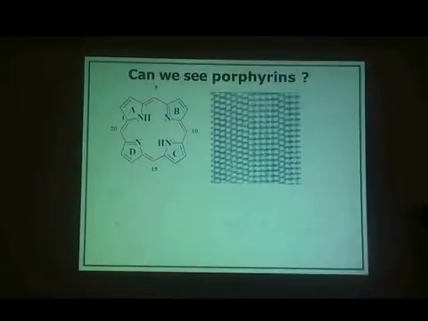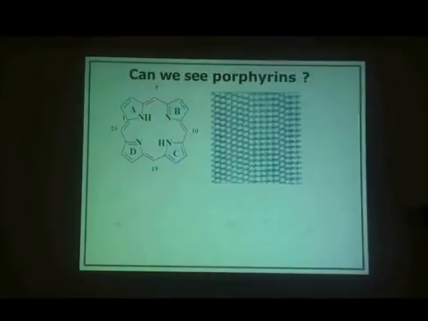Since this is a physics background, basically porphyrin is an aromatic molecule which has more electron density in these ring-like structures. So whenever there is a higher electron density, the tunneling current will be much higher, and in the case of AFM, you see that.